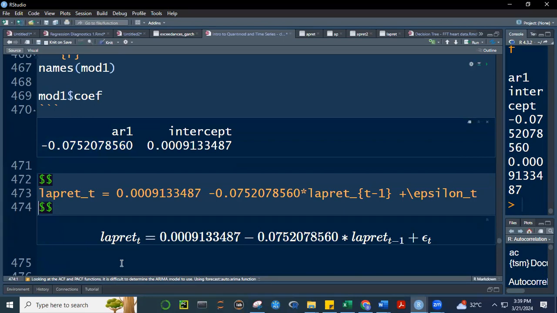All right, take a look now at our model. Our time series sub t is equal to this, our mean, minus AR1 times LAP ret at t minus 1, then plus a residual.